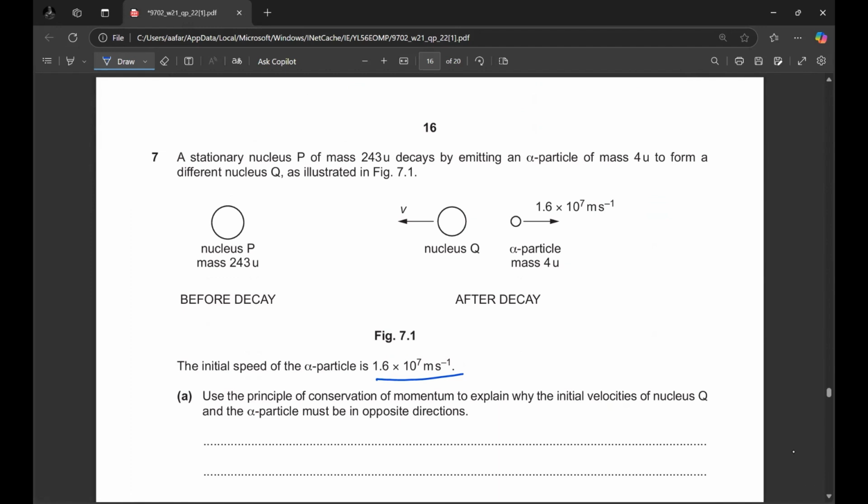So basically, the principle of conservation of momentum is that the total initial momentum is equal to the total final momentum.